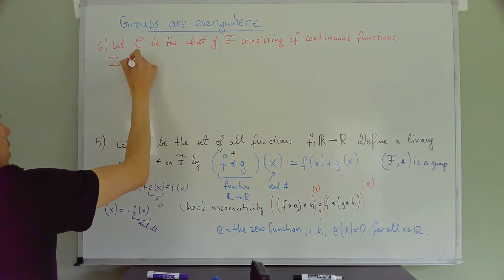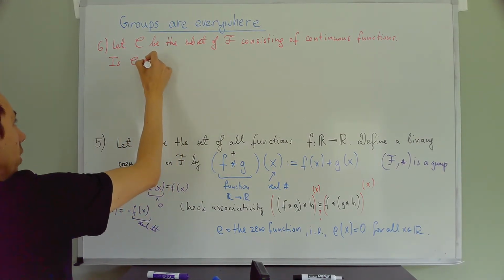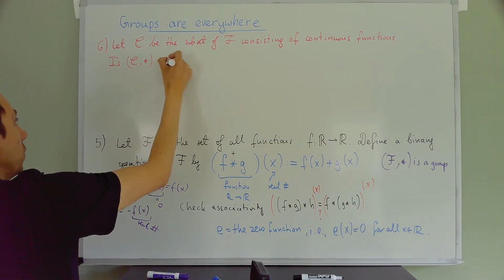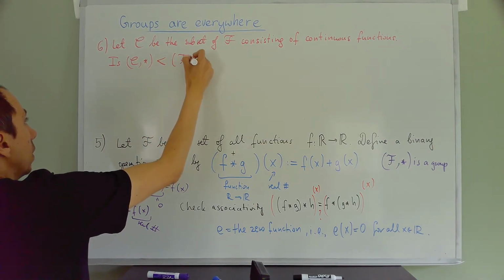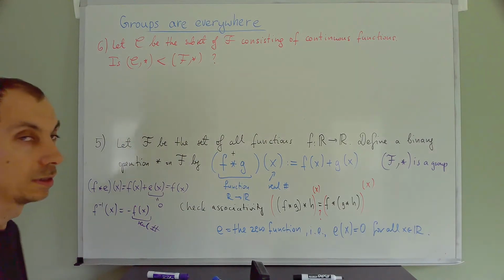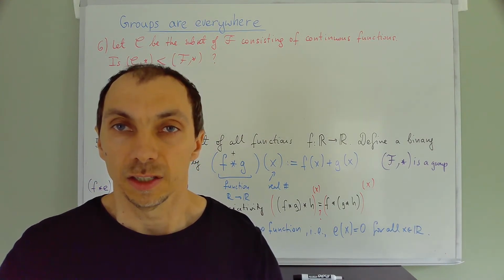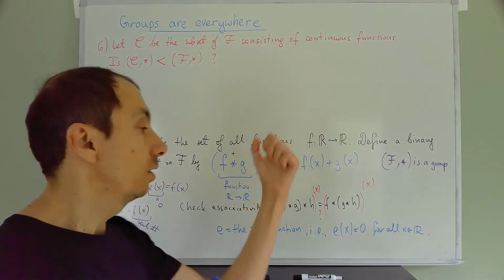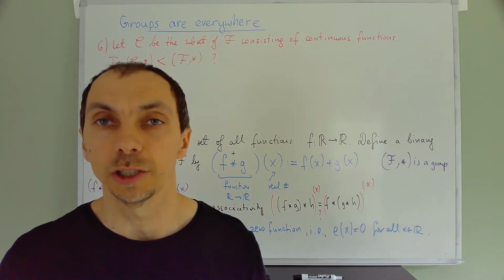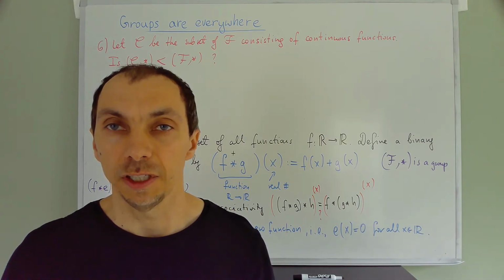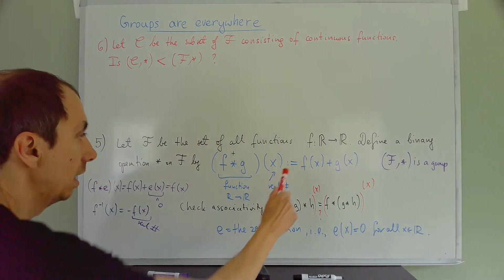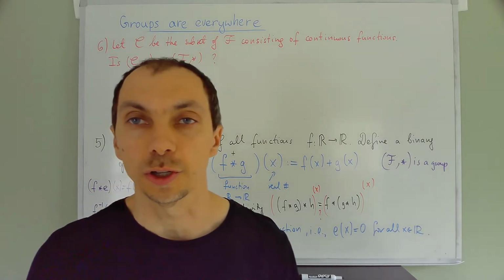Is C, together with the same operation, a subgroup of F? Let's think about it. Does the addition of functions defined this way restrict to a binary operation on C? If I take two continuous functions and add them like this, do I get a continuous function?